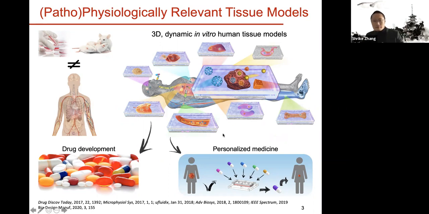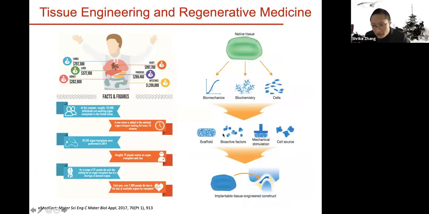That's basically the near-term goal of using these tissues for drug screening applications. But of course, as you can imagine, these different biofabrication methods can all be applied to the conventional tissue engineering and regenerative medicine scenarios. The rationale for this is there are many people on the tissue and organ donor list, but the actual number of people who receive donor organs is very small compared to those on the waiting list.